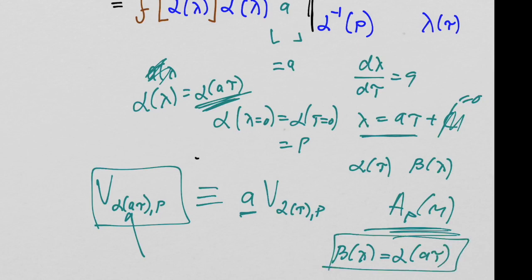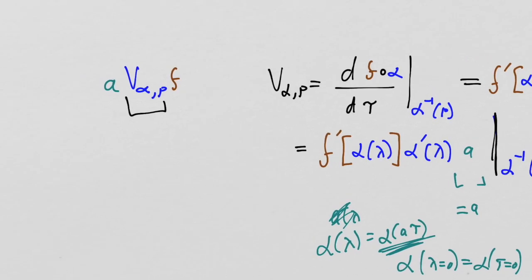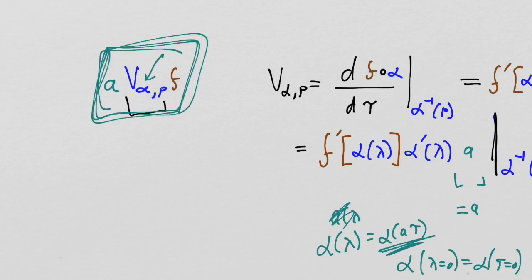And so I've found my curve that satisfies this property. In other words, I've found a curve such that I can define scalar multiplication, such that I've discovered another directional derivative in the set that can be identified with the scalar product of any directional derivative times a real number. Okay? So we now have defined a scalar product, and our set is closed under scalar products. Okay, so that takes care of one of them.